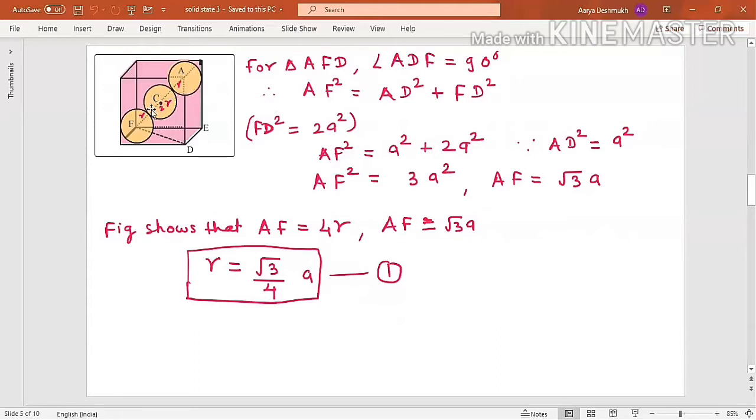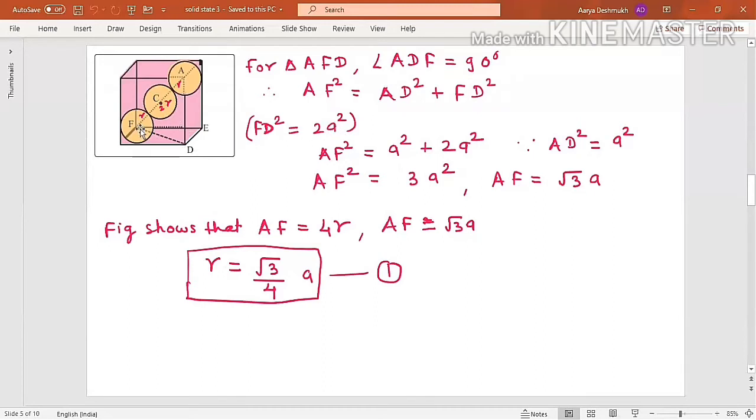So AF square, again you apply the Pythagoras theorem, will be equal to AD square plus FD square. Where this AD is the edge length here. So this FD is the body diagonal actually, and FD square will be equal to twice A square.